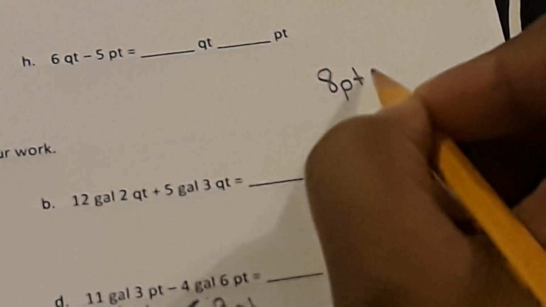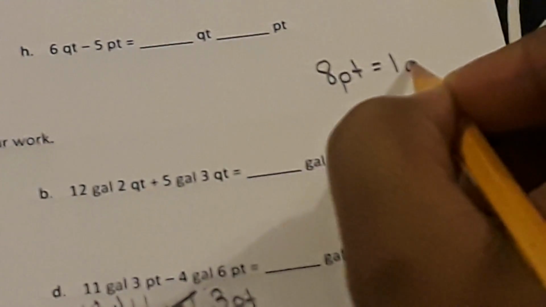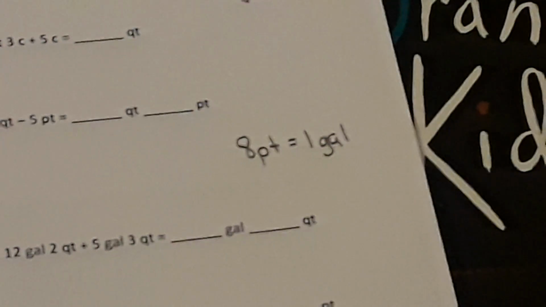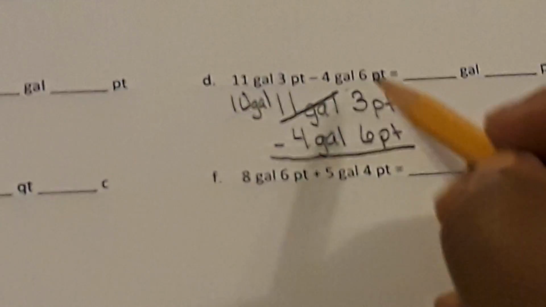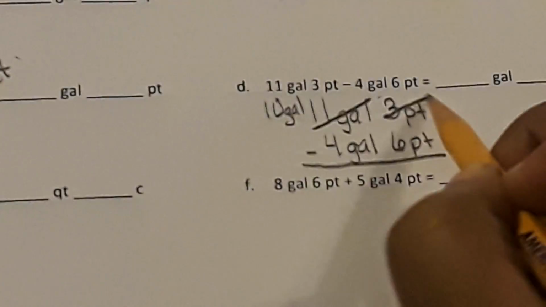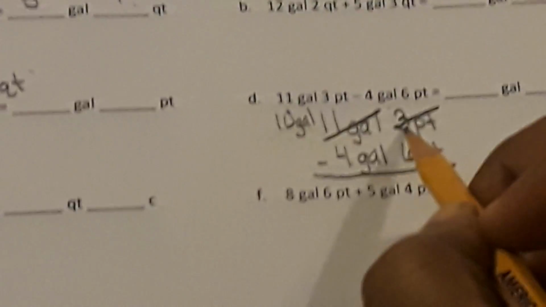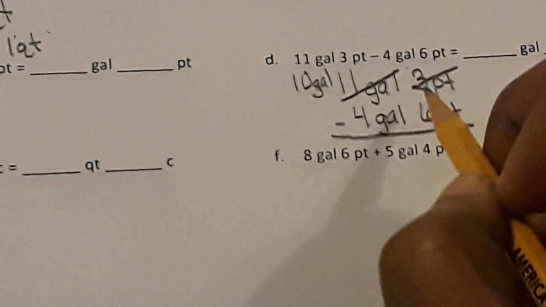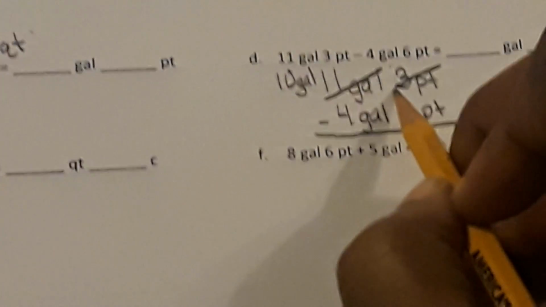So 8 pints equals 1 gallon. I don't think I put that on my chart, so that's something that we did today in class. Since we borrowed a gallon over here, we're going to turn this 3, not into 13, but into 8 pints that we took out from this gallon, plus the 3.